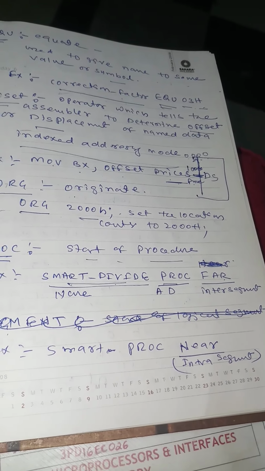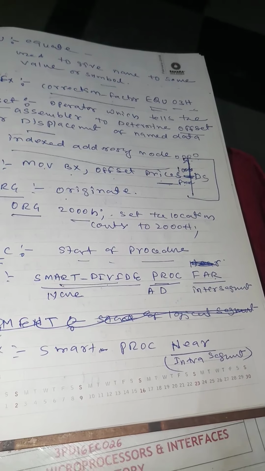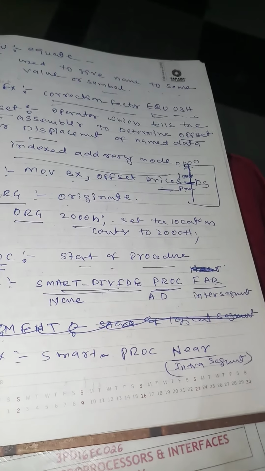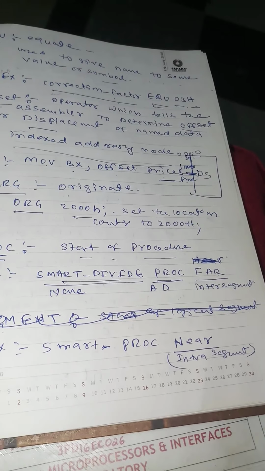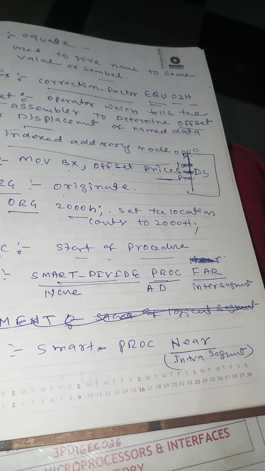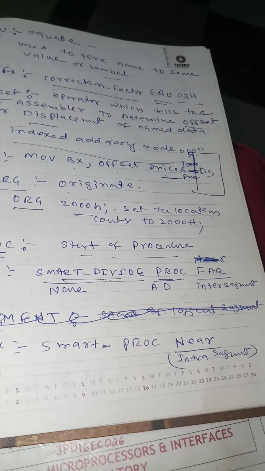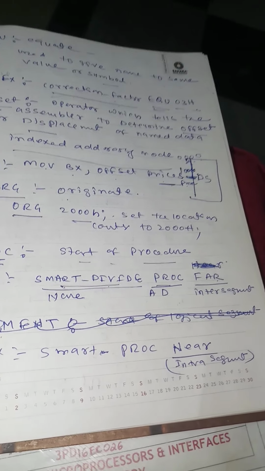Please remember, the directive is PROC, far or near. Far means the procedure is present in another memory location or another segment. It is not present in the same segment or same code.